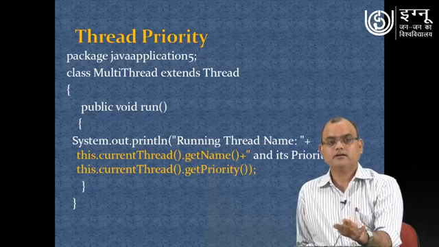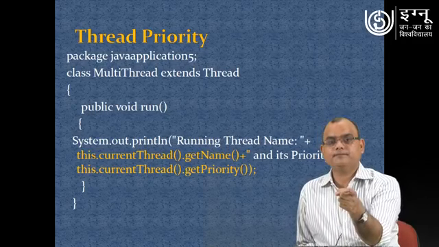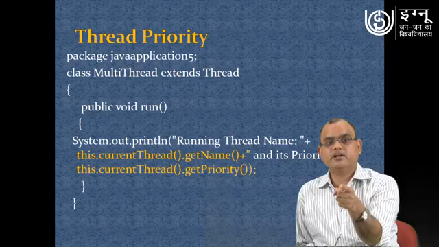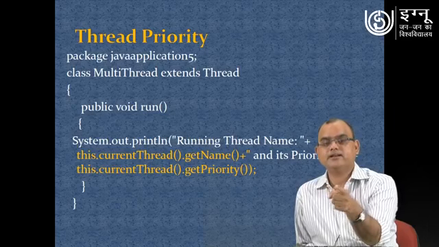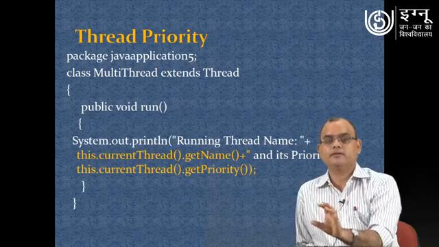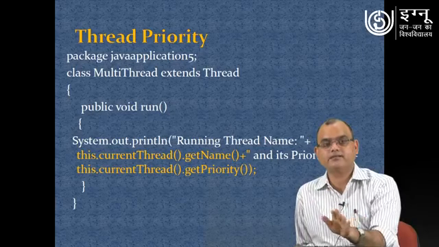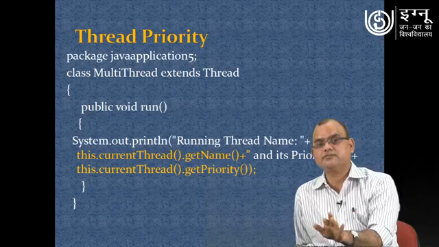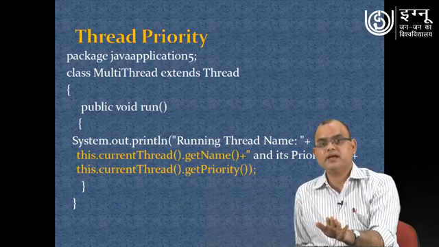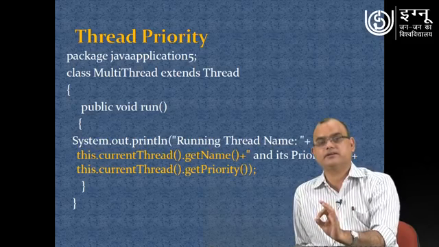So this one System.out.println statement is very important for us, because of the better visibility. I have broken this one line statement and written it in 3 lines, but here you can see what our purpose is: to display the name of the thread and to display the priority of the thread.